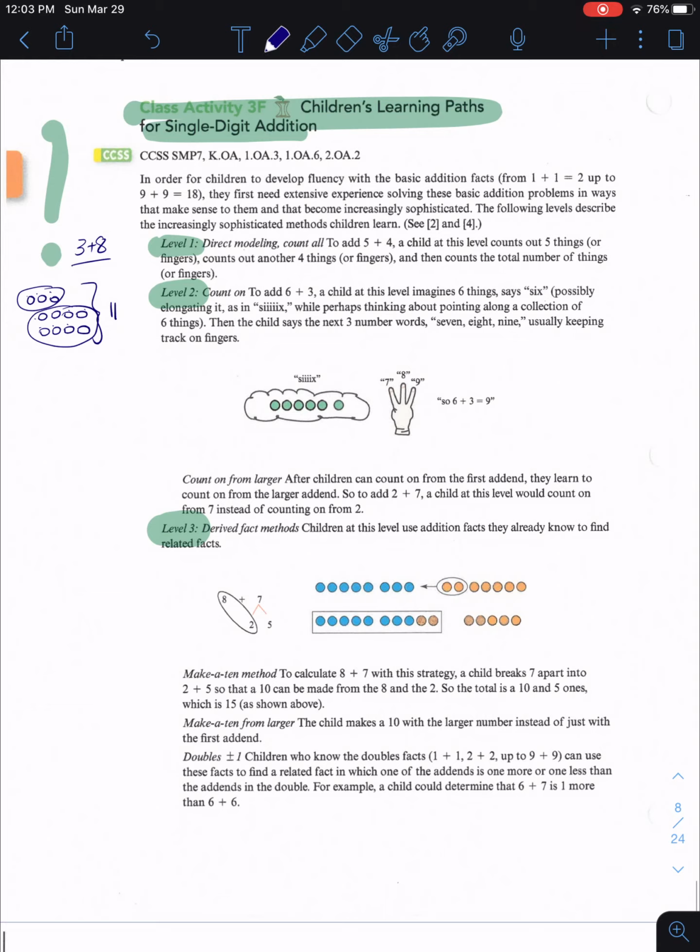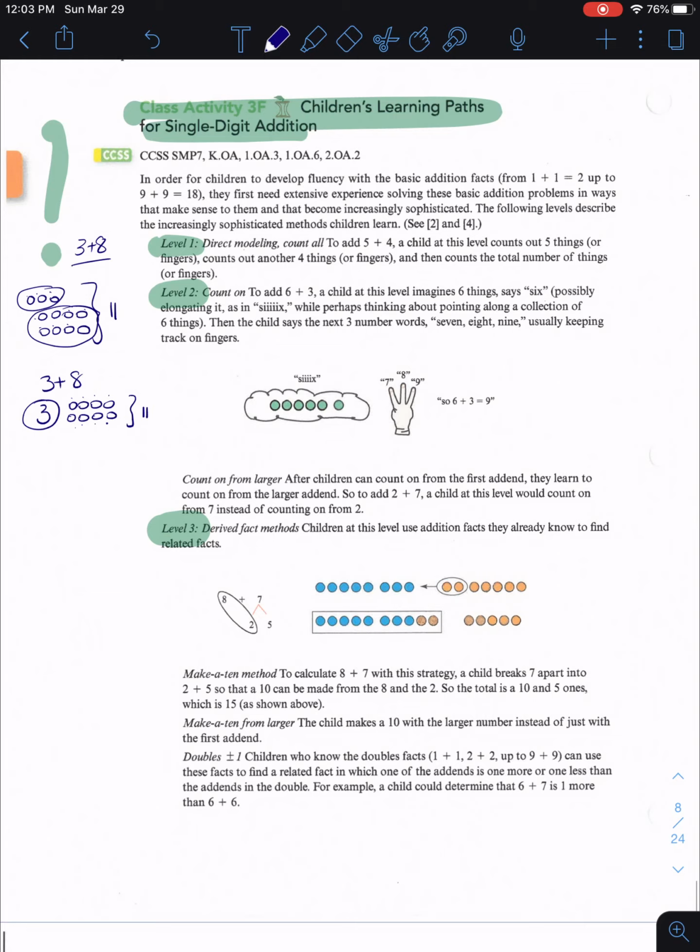Now, counting on with, for example, 3 plus 8 would be, they would say, well, there's 3, and then I need to add 8 more. So I can do 3, 4, 5, 6, 7, 8, 9, 10, 11. 11.